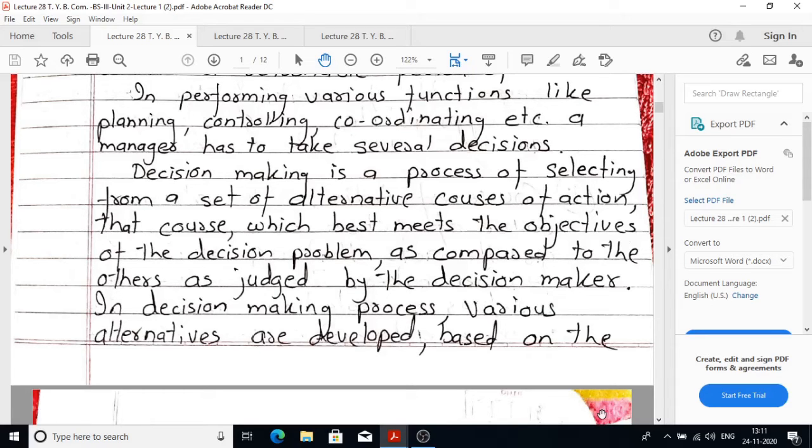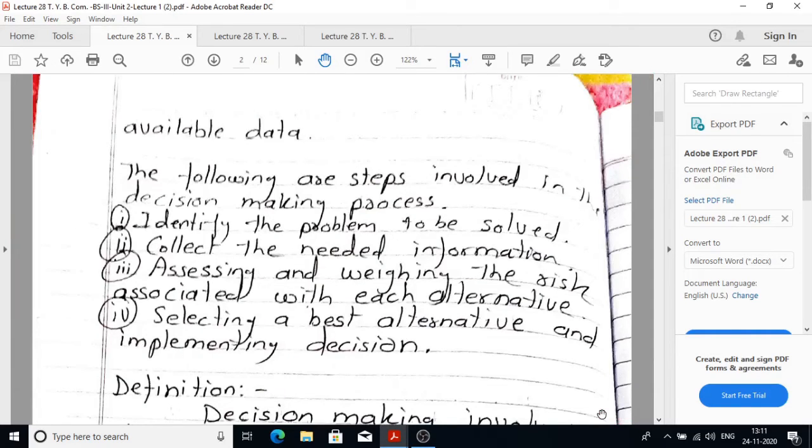In the decision making process, various alternatives are developed based on the available data. The following are the steps involved in the decision making process. First, identify the problem to be solved. Second, collect the needed information.